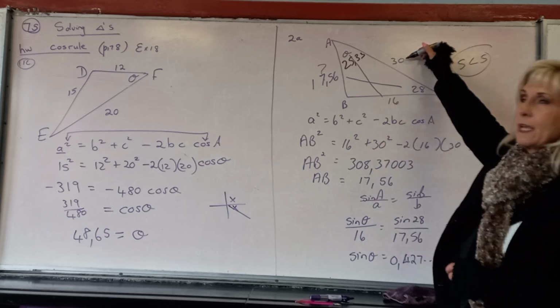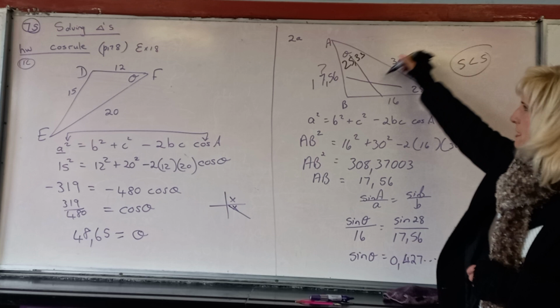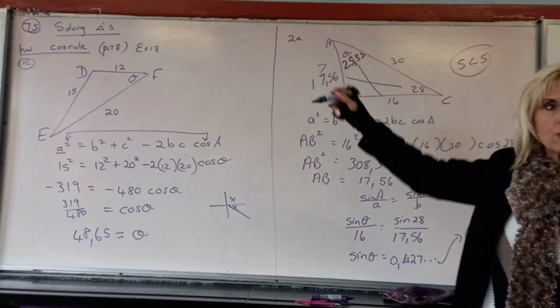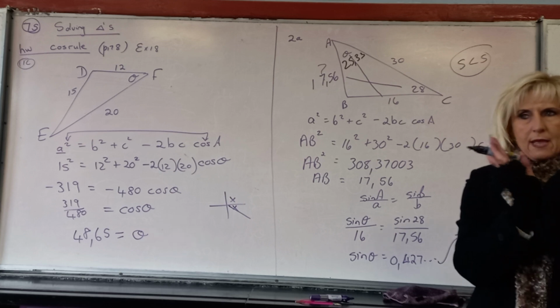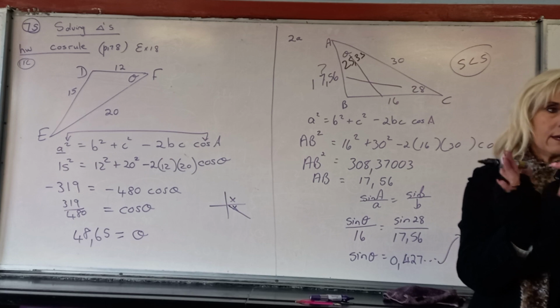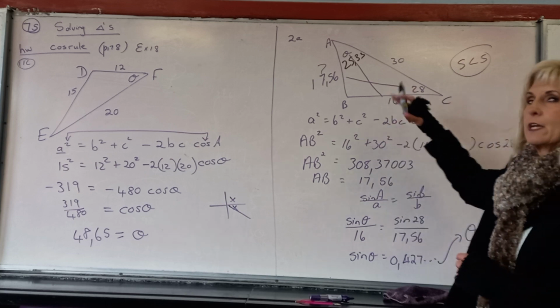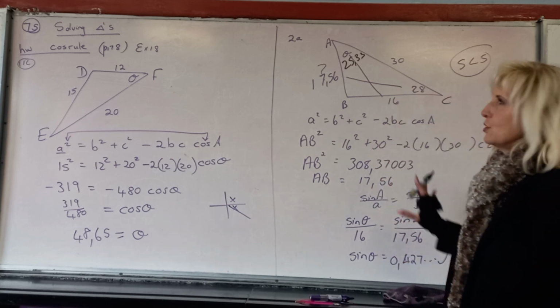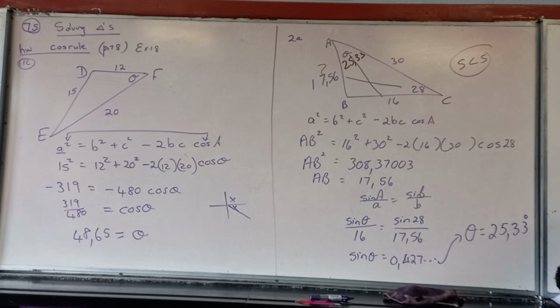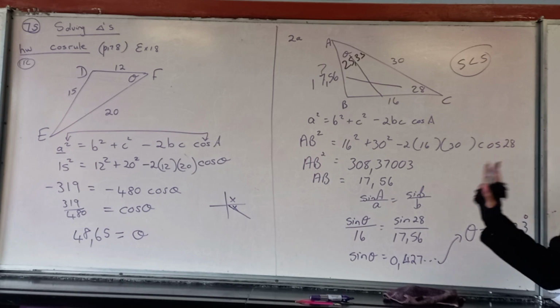Then the 30 here is much larger, so this angle here should be larger, because the longer the side opposite the angle, the larger the angle, or the larger the angle, the larger the side opposite to it. What am I trying to teach you? We're done with the sum. Just look afterwards. If your answer here had been something like 80 degrees, you should have thought, oh, something's not right. I want you to look at your general knowledge, at your logical deductions over here as well.